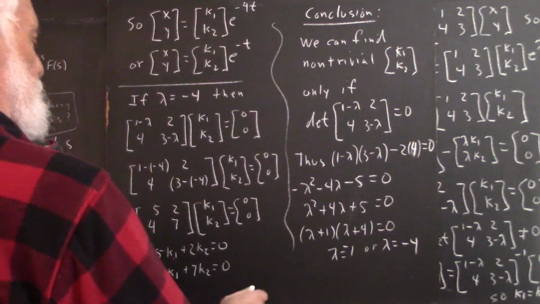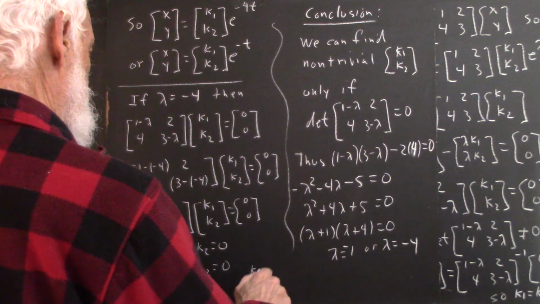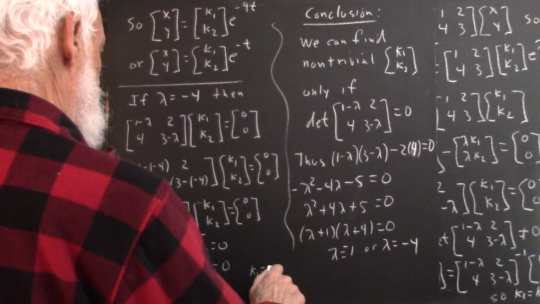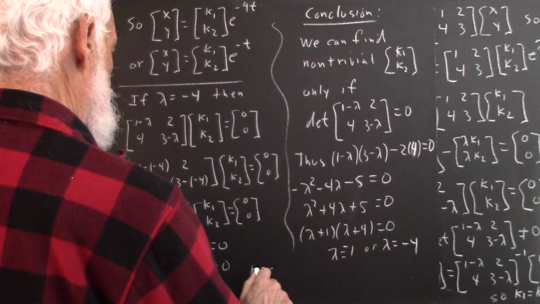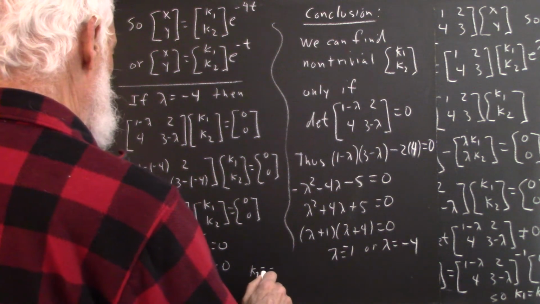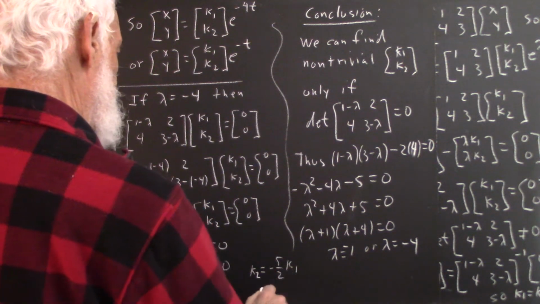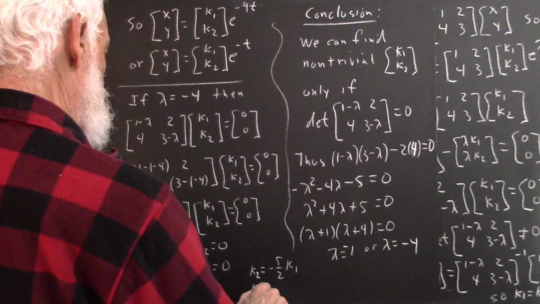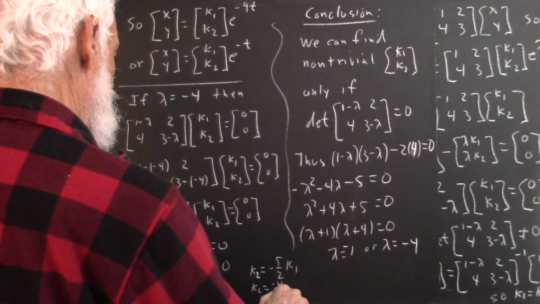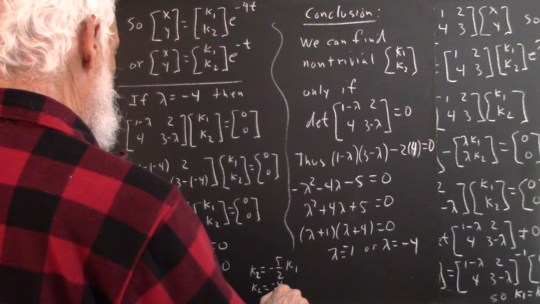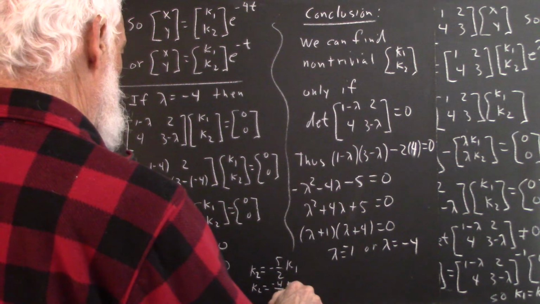And here you're going to get K1 equals, let's solve for K2. K2 equals -5 halves K1. But down here you would get K2 equals -4 sevenths K1.